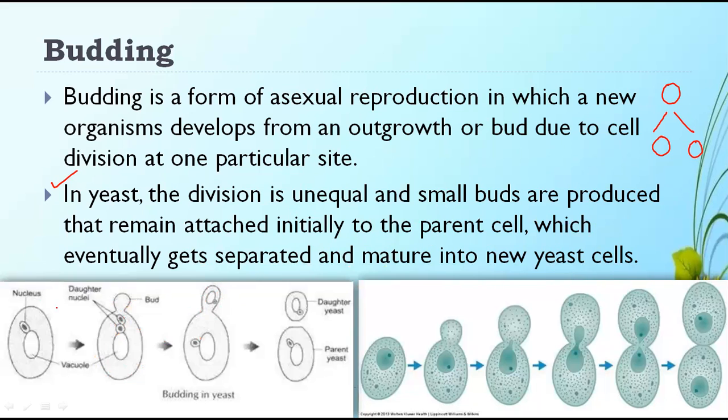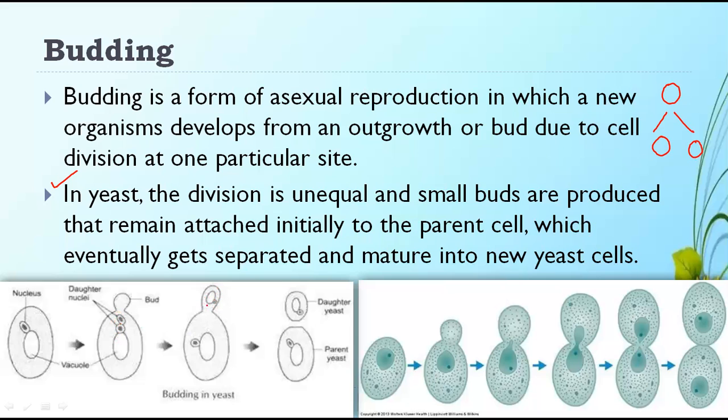So what happens? This is a parent organism. There is one nucleus, one vacuole. Later a small bud is formed at a particular site because of the cell division. And then a new daughter nucleus is also formed, that is, the division of the nucleus also takes place.